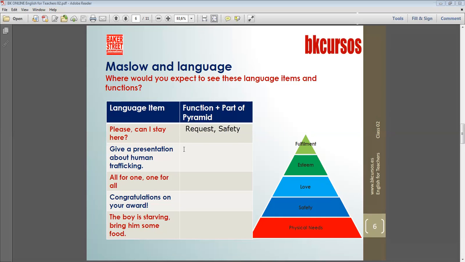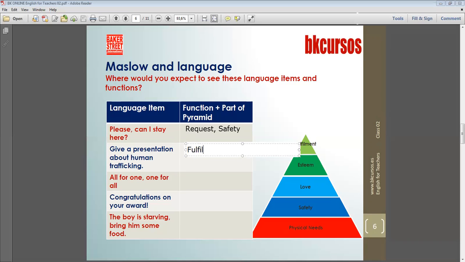And what about giving a presentation about human trafficking? I said, I want you to create a presentation and tell us about human trafficking. Esteem. Fulfillment.